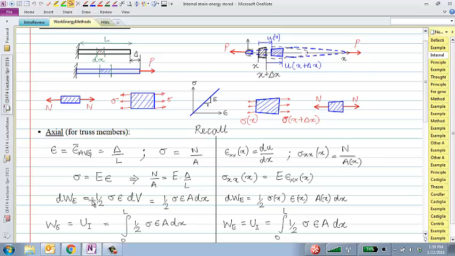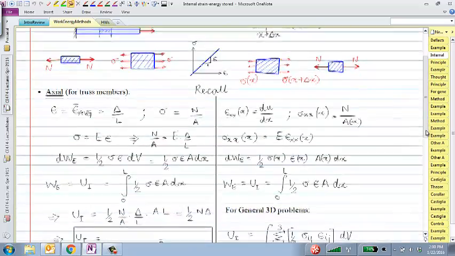Stress is equal to Young's modulus times strain. If I plug in stress equal to N over A here, and E, and strain is delta over L, that immediately tells me the relationship between applied load and delta can be obtained from this expression. If I apply some N, then I can calculate delta. If you give me delta, then I can tell you what applied force you would need to get that amount of deflection.